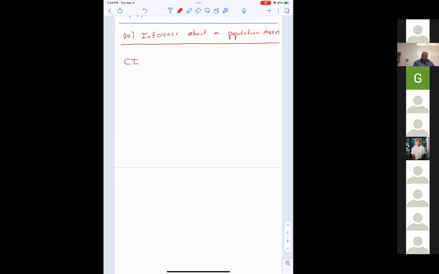Confidence interval for a population mean when sigma is known. So this is case one. The confidence interval for a population mean when sigma is known.